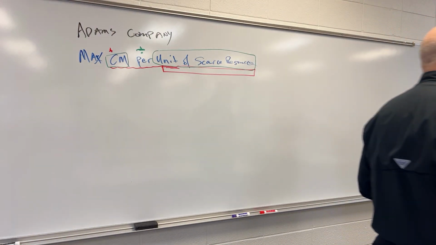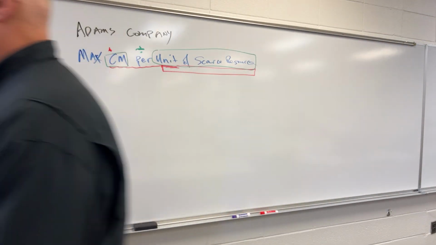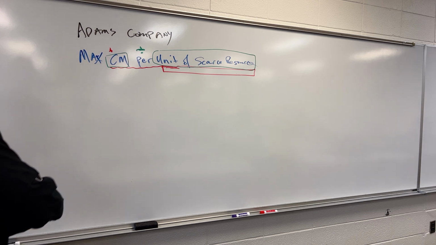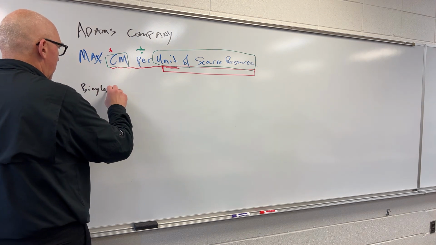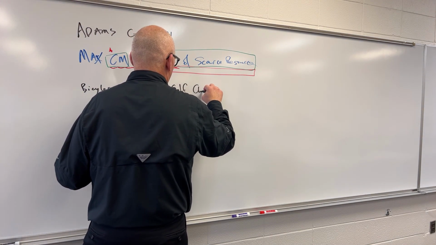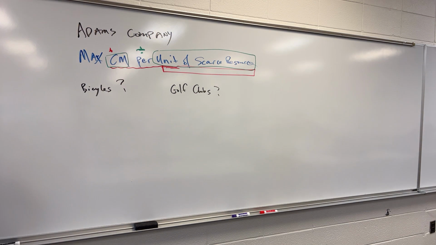The required is really which product should they make? Okay? Which product should they make? And the choices, of course, are bicycles or golf clubs, or bicycle frames, technically, right? Bicycle frames.